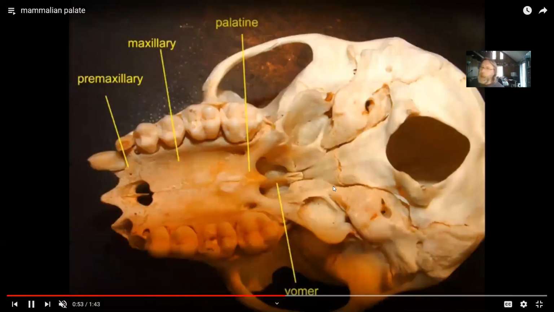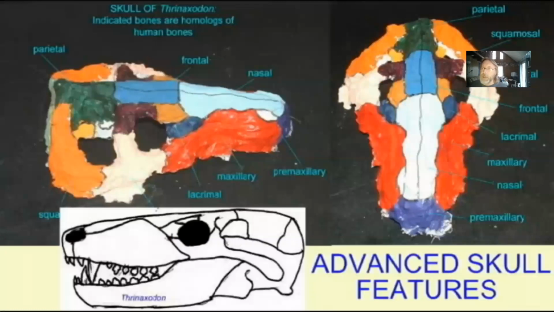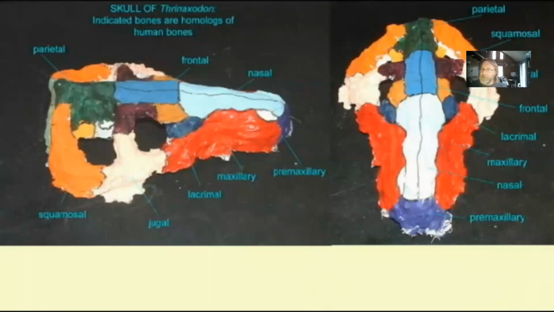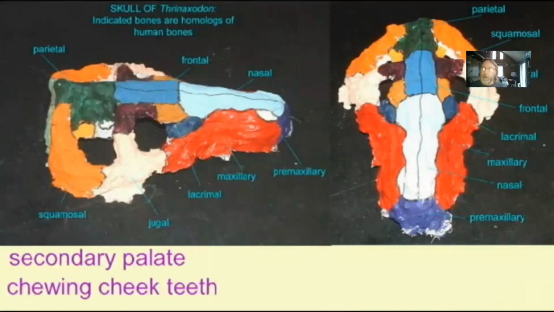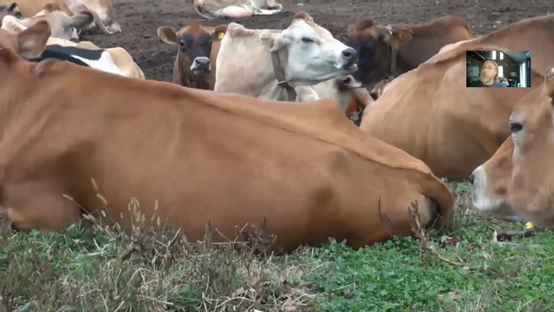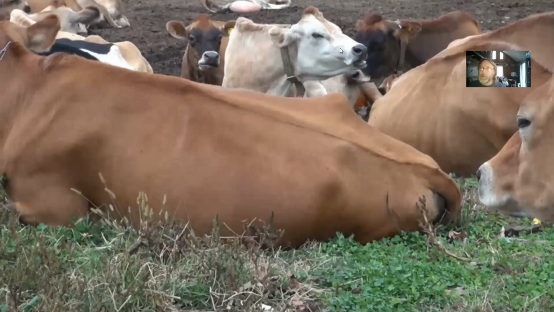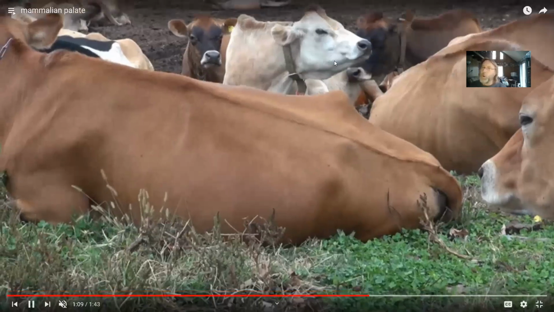So once again, the skull bones are not just giving the shape of the head, they're also affecting the size of the brain, affecting bipedal posture and allowing for warm-bloodedness. Look, these cows are chewing all day.